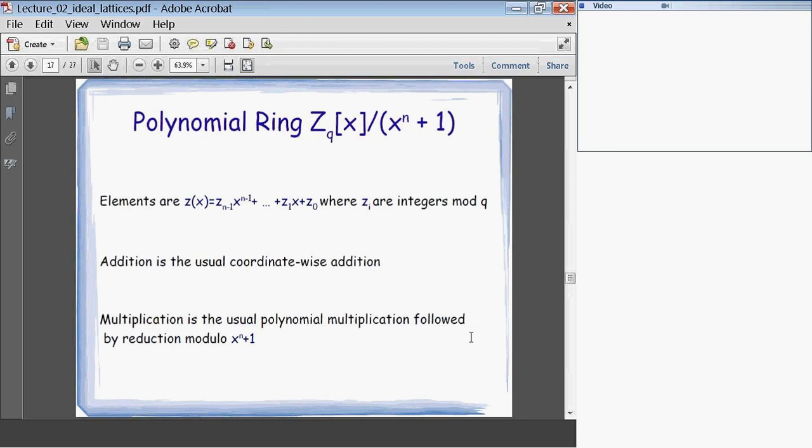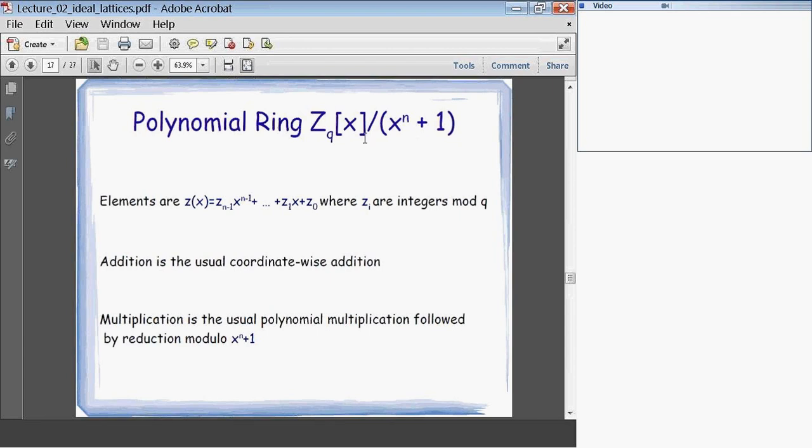So now let's look at those ideal lattices more in terms of polynomials. The reason this will be important is, first, we'll look at the Ring-LWE problem from a different perspective. Second, we'll also introduce the concept of evaluation representation of polynomials, which will be important.